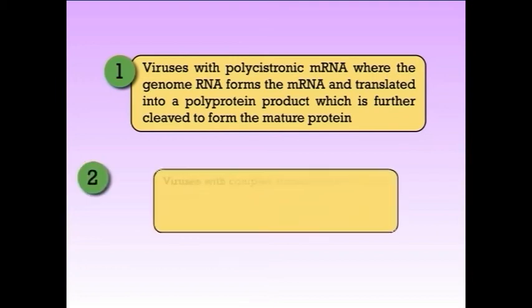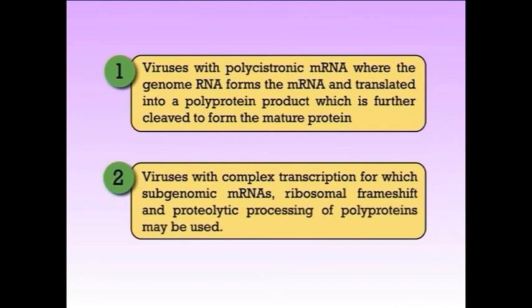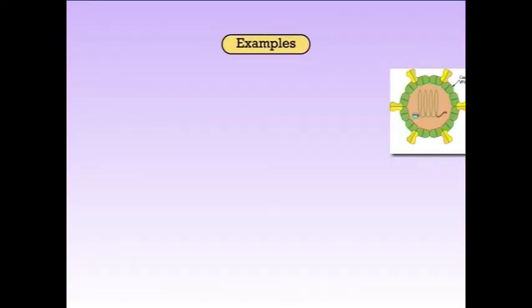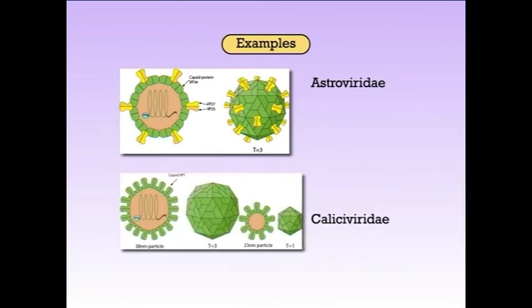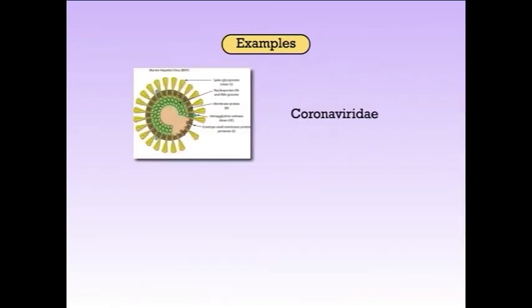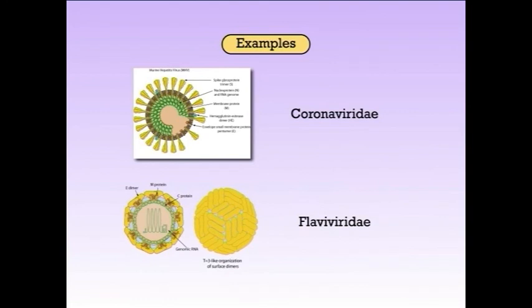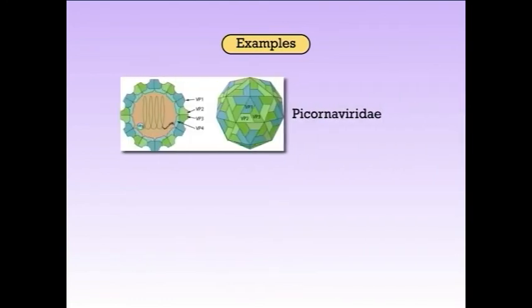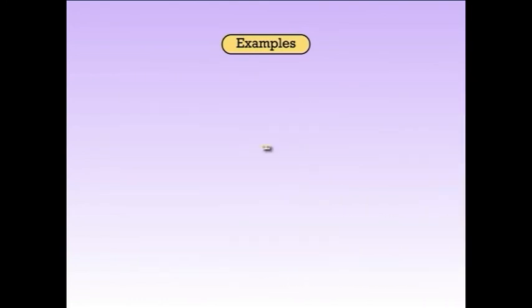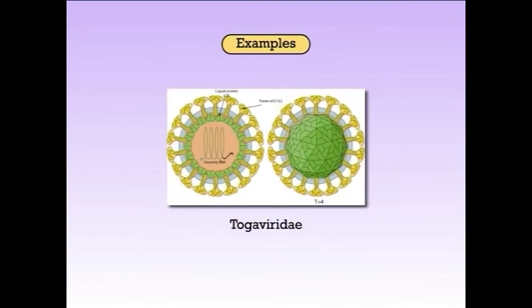And in another group, viruses with complex transcription, for which subgenomic mRNAs, ribosomal frameshift, and the proteolytic processing of polyproteins may be used. Astroviridae, Caliciviridae, Coronaviridae, Flaviviridae, Picornaviridae, Arteriviridae, and Togaviridae are the viruses that come under this group.